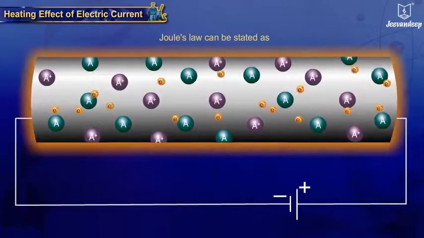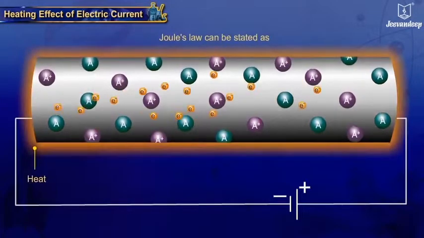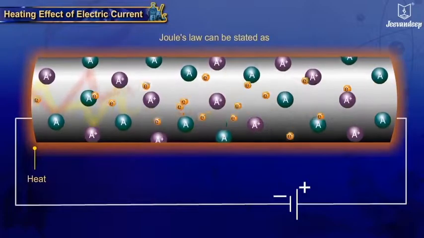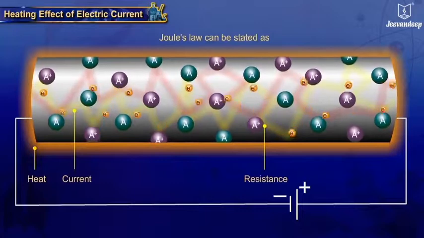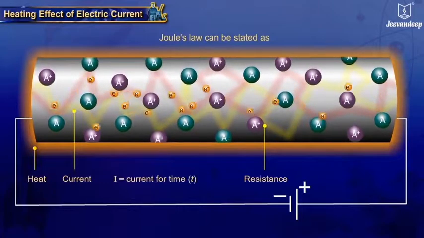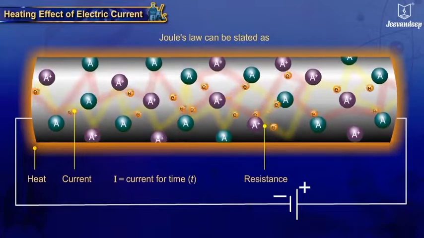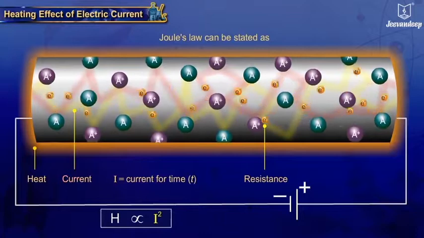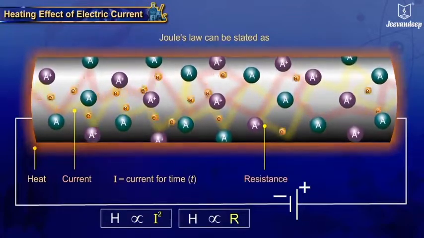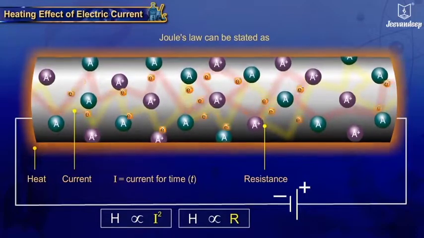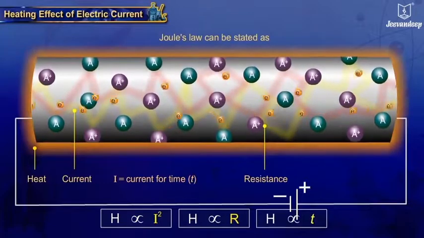Joule's law can be stated as: the quantity of heat H generated in a conductor of resistance R when a current I flows through it for time t is directly proportional to 1. The square of the current, 2. The resistance of the conductor, and 3. The time for which the current flows.